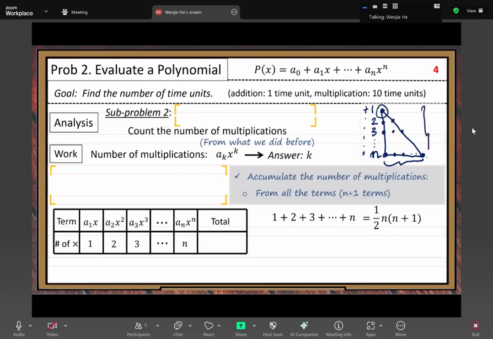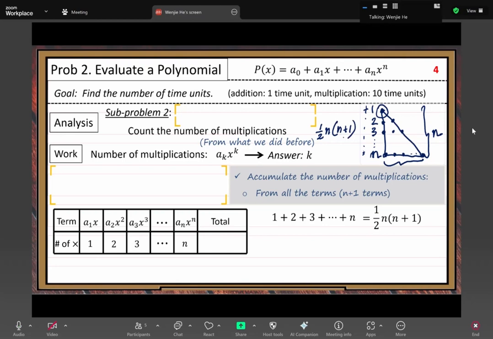The height is also n. So 1/2 times the height n, times the base number plus the top number, corresponding to the area of a triangle.